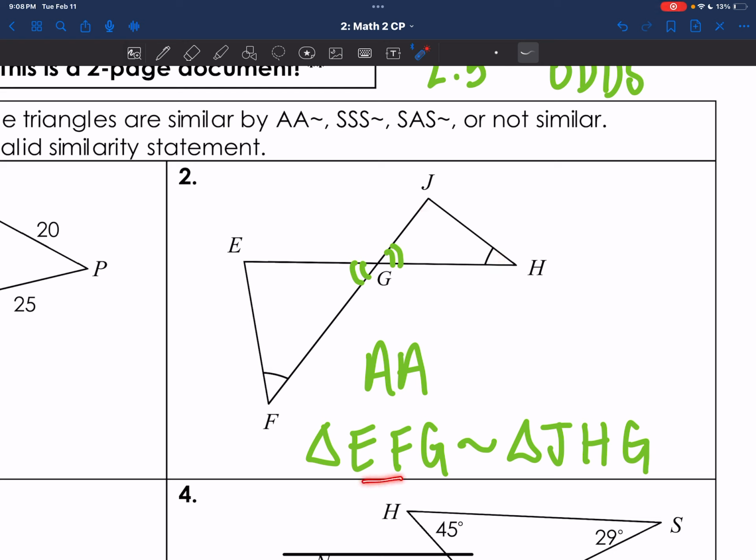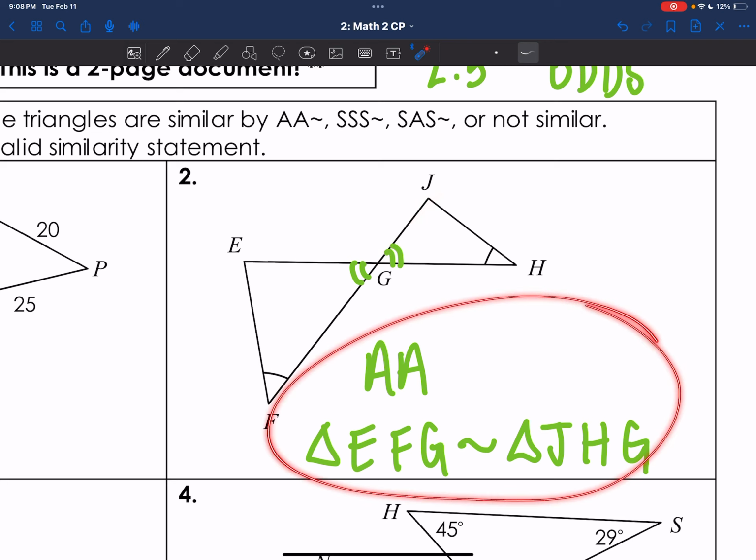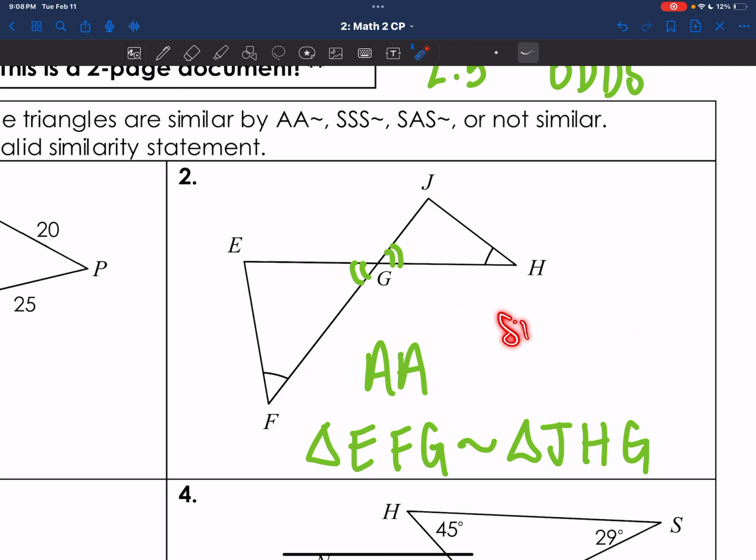So that's how you know those match up. Then you go from this to double, and from H to your double. So we know this side goes with that side, or FG goes with HG. And lastly, the other sides that we didn't touch were EG and JG. So this is what you should put, and we know that these are similar.